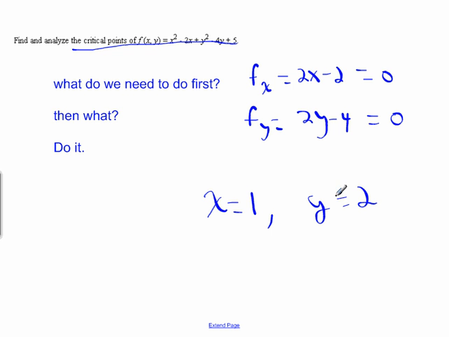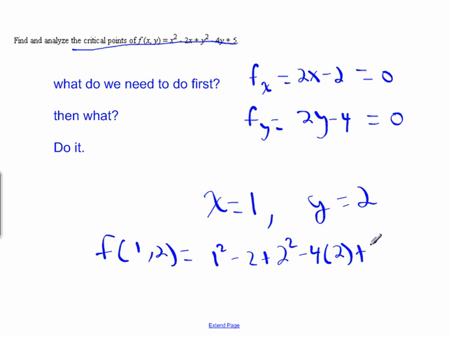And when x equals 1 and y equals 2, my function, well, just plugging that in, this is what the z value will be. I think it's 0.